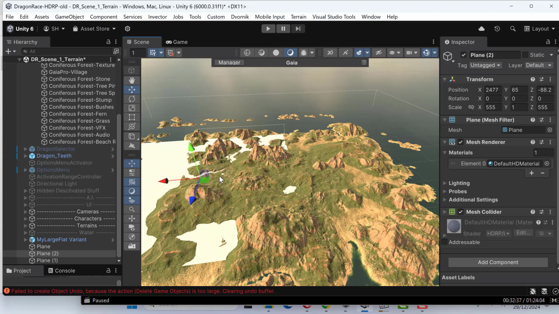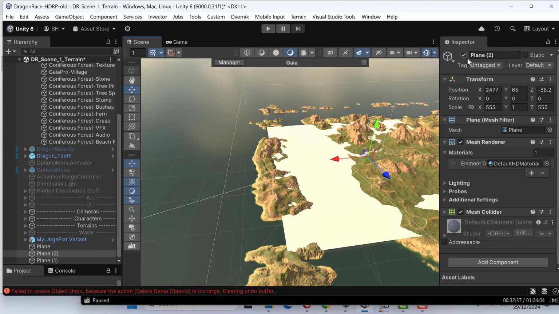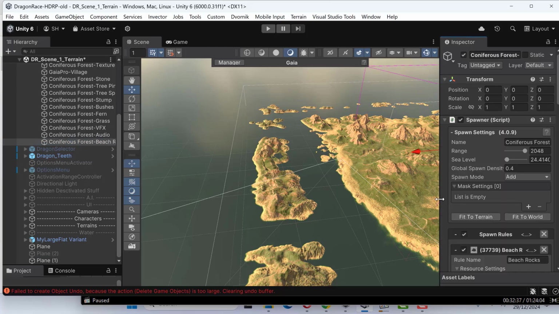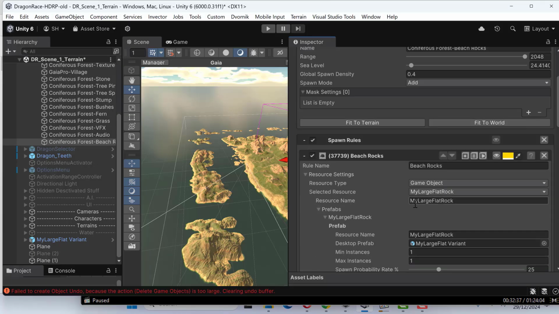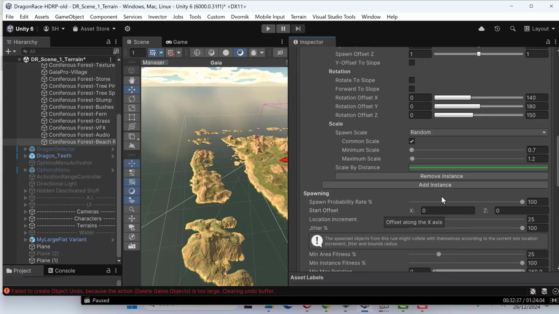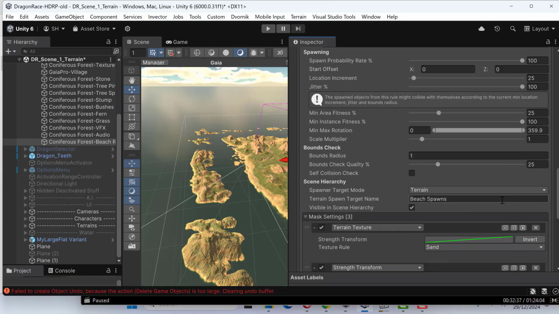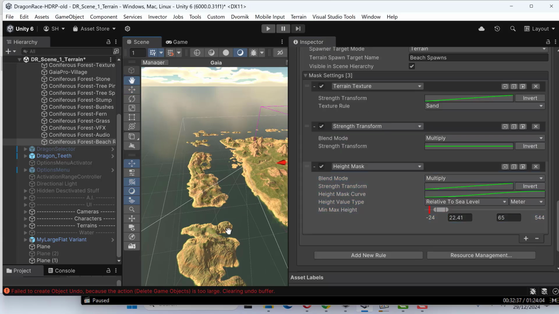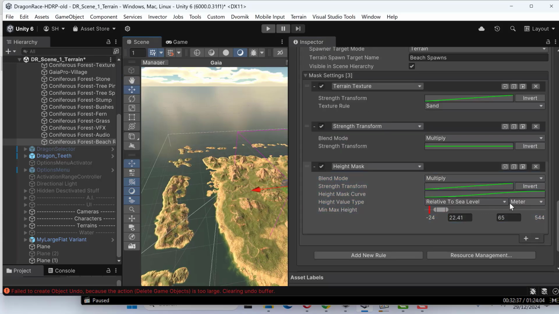Yeah, 65. The height is 65. So I'll make that -22, relative to sea level.